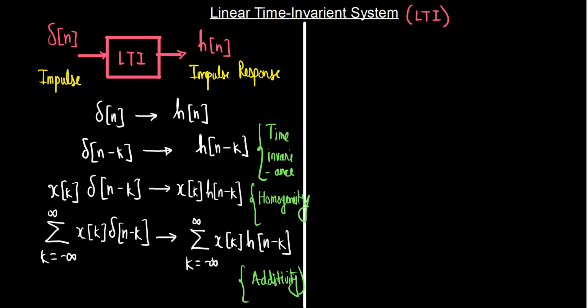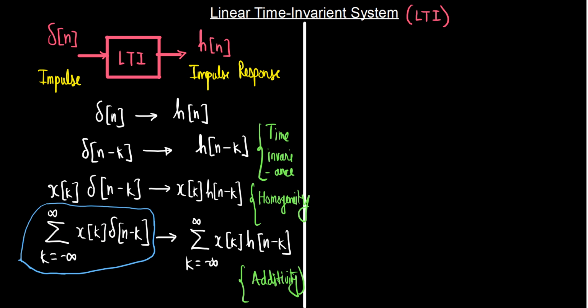Now if we observe this very closely, this thing here is simply a linear combination of scaled and shifted versions of the impulses. And we already know what this is.